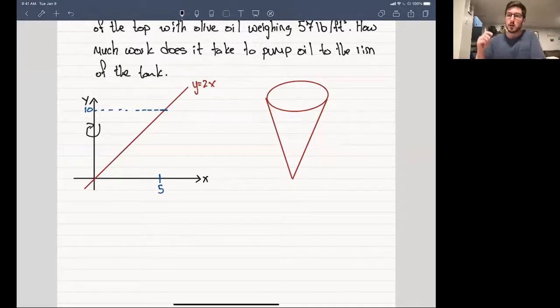And what we're going to do is we're going to think about taking some thin little three-dimensional layer of this oil and calculating the work approximately that is taken to move that thin little layer all the way to the top.